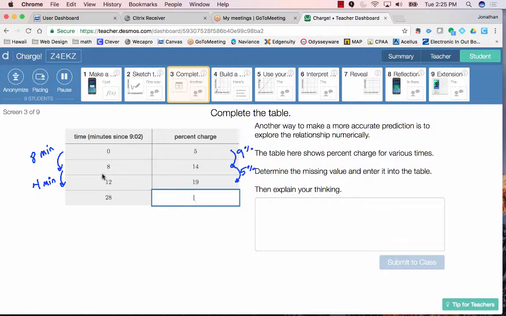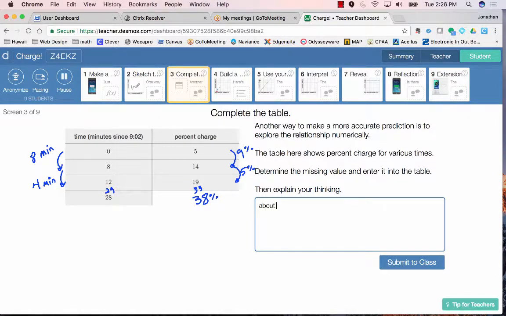So if I went another 12 minutes, I would maybe say that's another 14%. So 12 to 24 would be another 14. So that would be 14 plus 9, 33. But then another 4 would be another 5. So I would guess 38% based on what we've seen from our numbers and thinking about making a chart. So we can play around with stuff. We're gathering data. We're making educated decisions. I would say about 38% based on what we've seen so far.